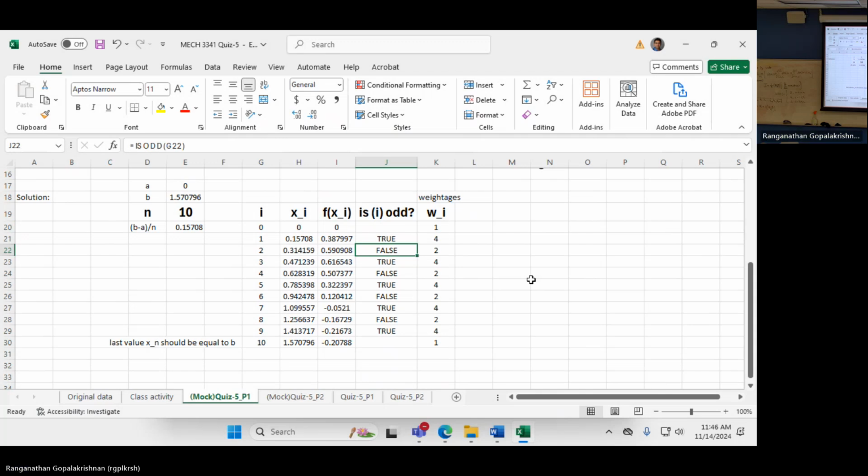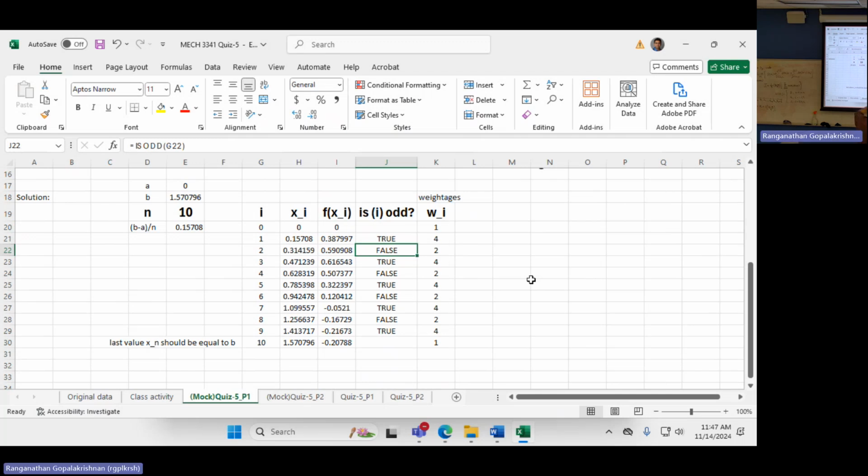F22 should be multiplied by the current weightage. Can you change it to F22? And then drag it down. It should update with each row: F21, F22, 23, 24. Are you getting this?